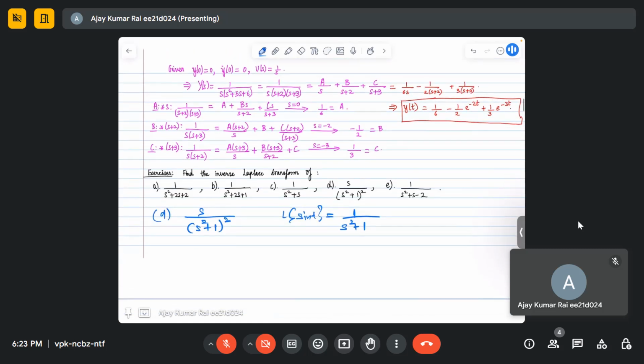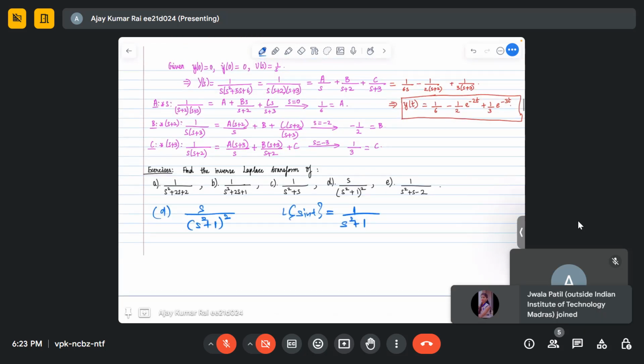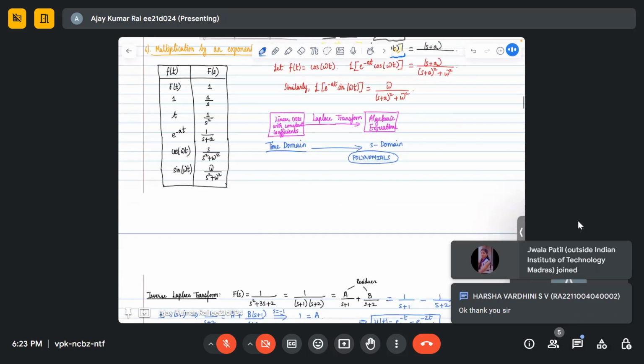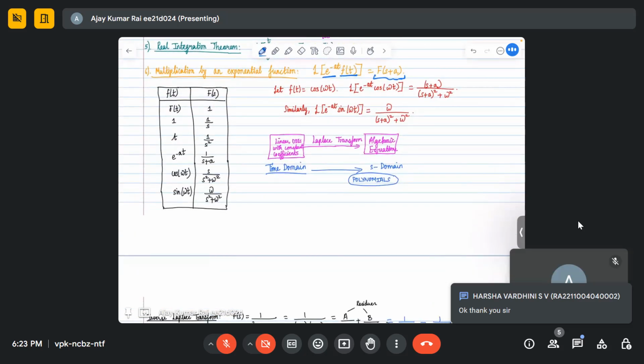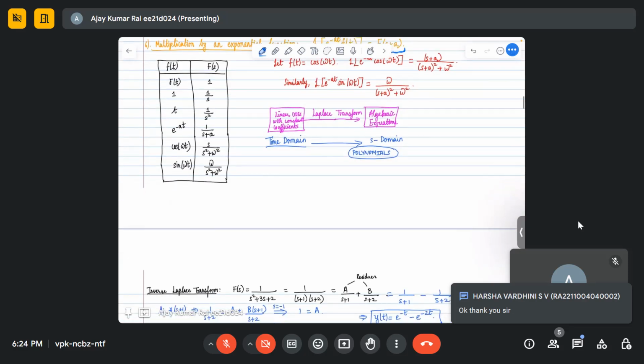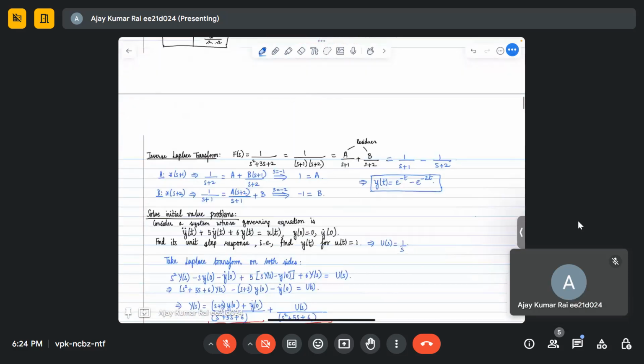So you know the Laplace transform of sine t is equal to 1 by s square plus 1. Let's use some of the properties here. Can we use t into sine t?